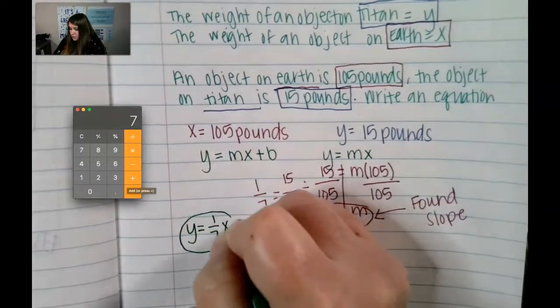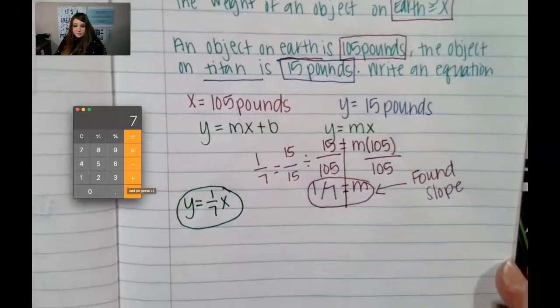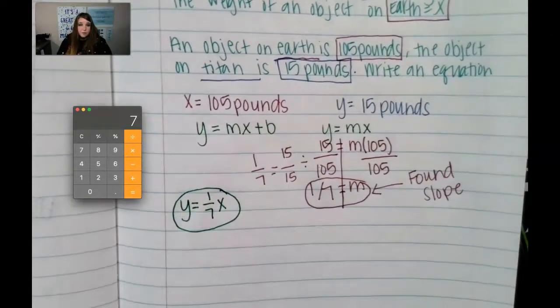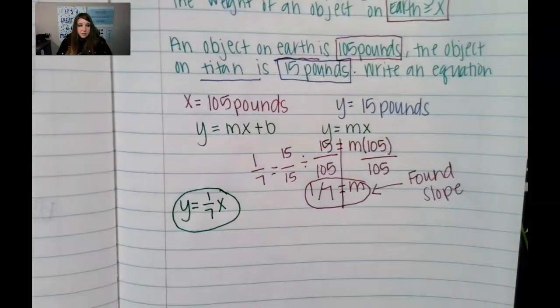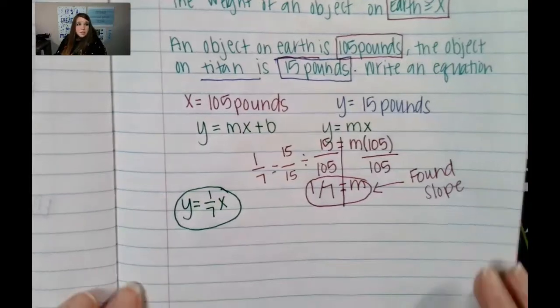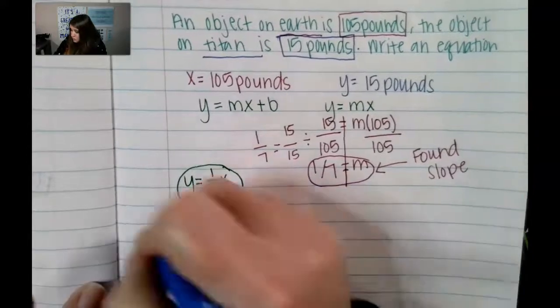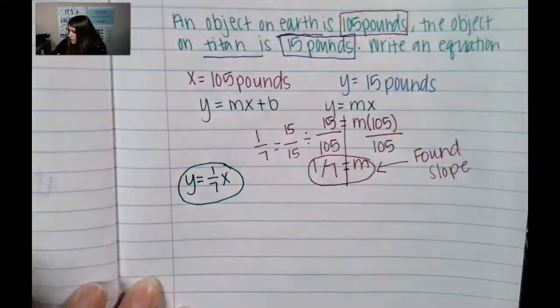This equation can be used to graph any line that has to do with something found on Earth and Titan. The next part of this asks us to use our equation. So that's part B, and here's part A.